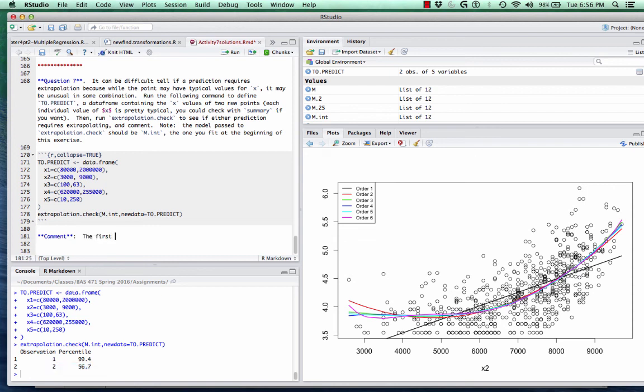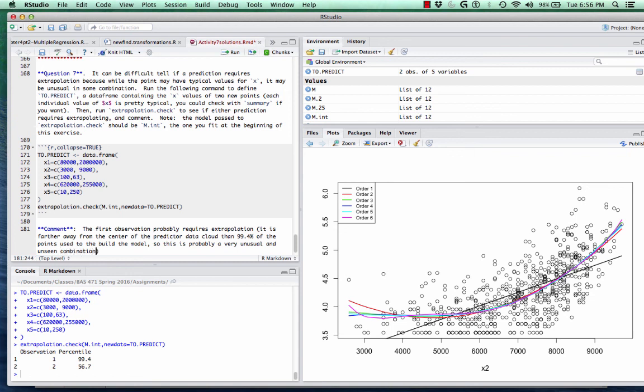So the first observation probably requires extrapolation. It is farther away from the center of the predictor data cloud than 99.4% of the points used to build the model. So this is probably a very unusual and unseen combination of values to predict at. The second observation, well, we think it's fine.